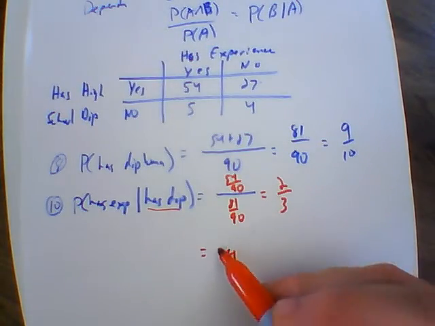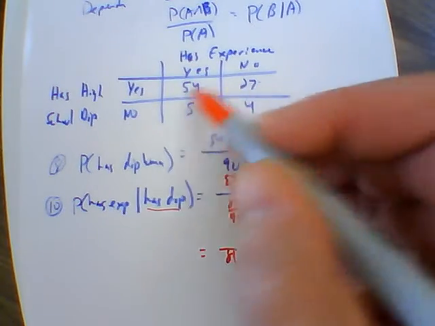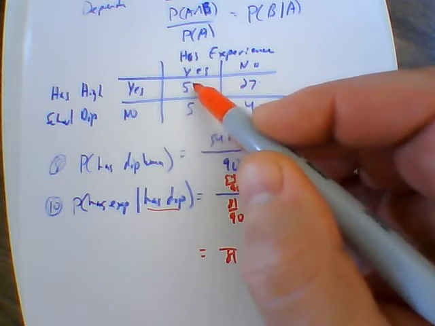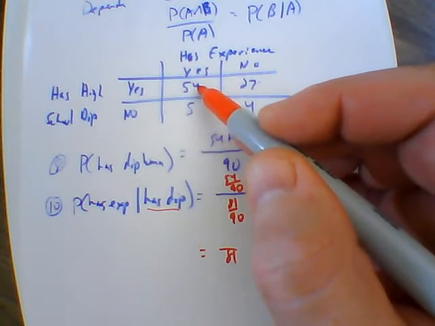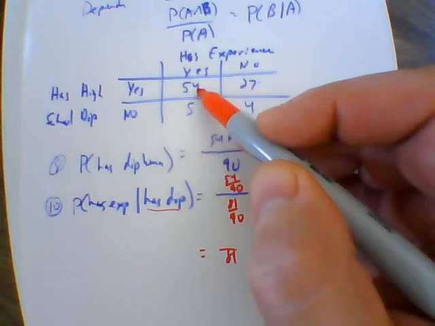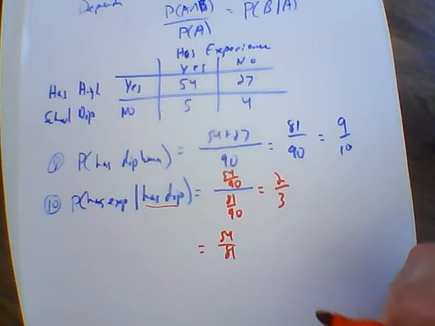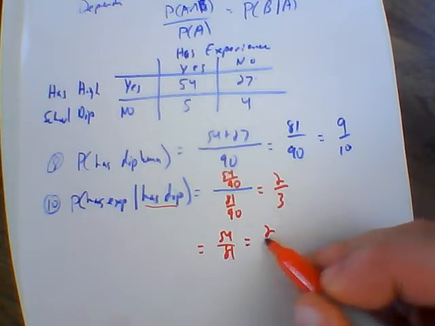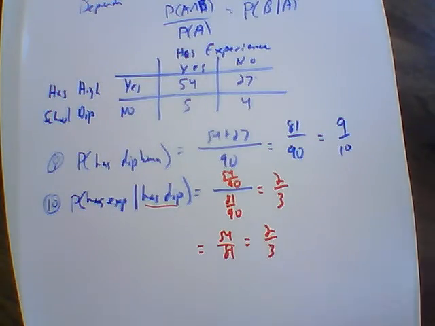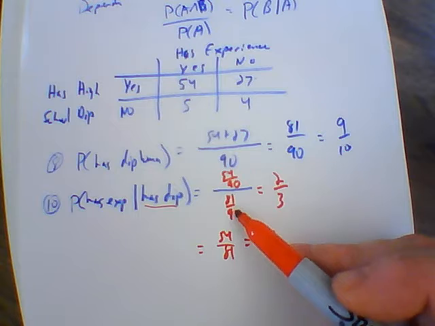And then out of this 81, how many have that high school or have experience? We see that 54 out of the 81 have this. If we take 54 over 81, we see that this is 2/3. Once again, multiply by the reciprocal, the 90s would cancel.